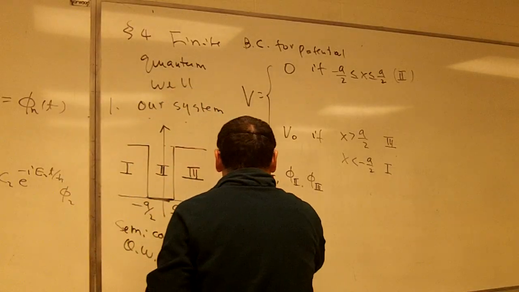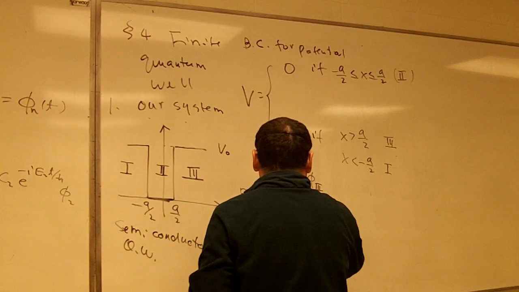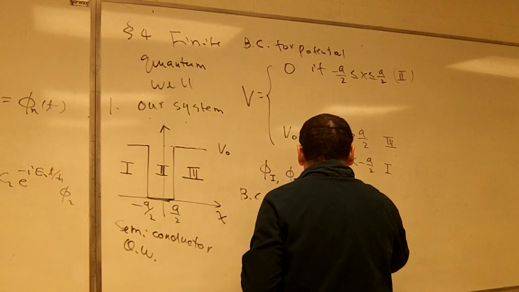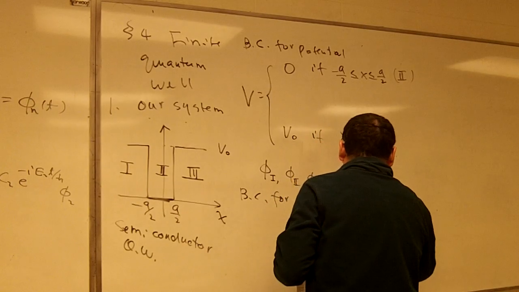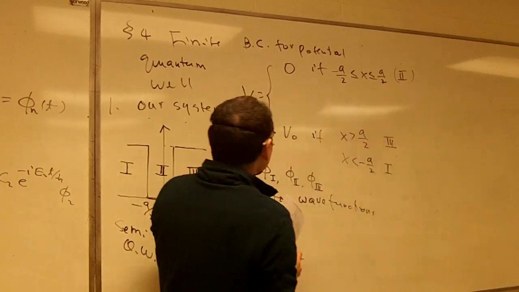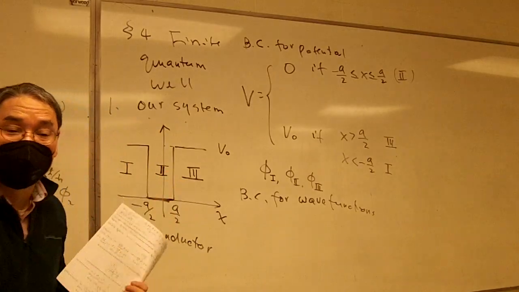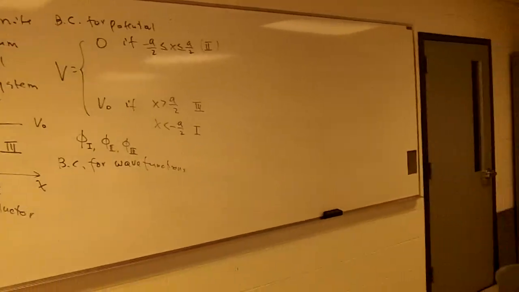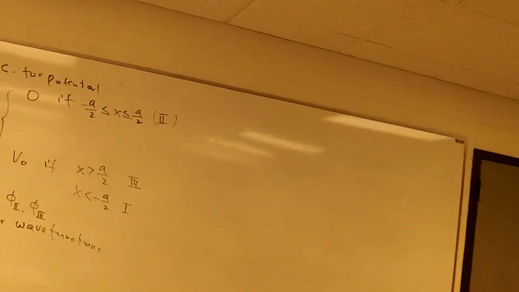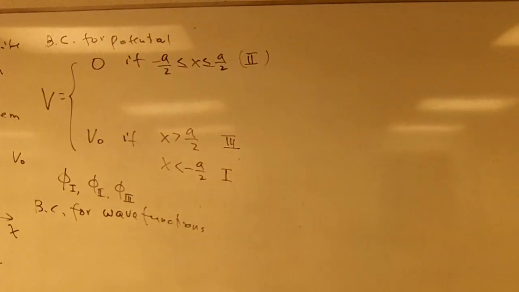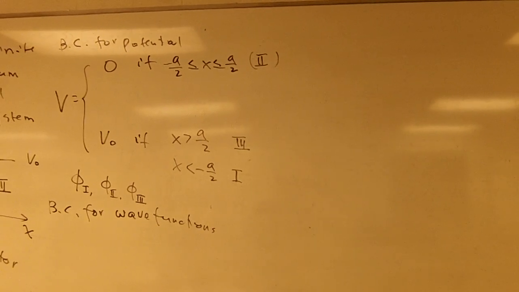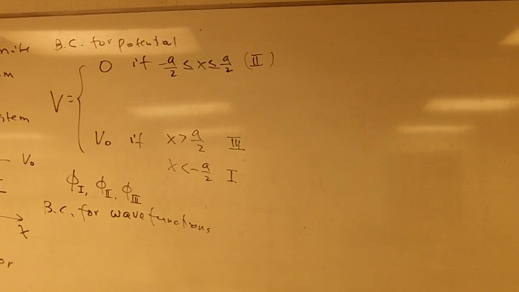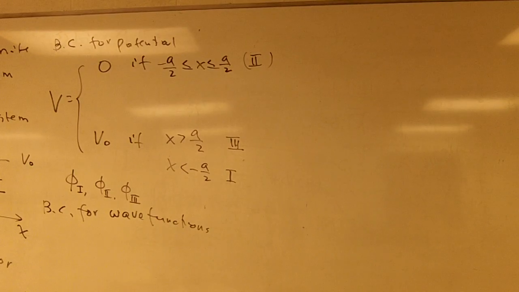Now the boundary condition for the wave function. Remember, the boundary condition for the potential we have already listed, but this time we have boundary conditions for the wave functions. This part becomes a little bit convoluted, so I want to make sure you understand what we're talking about.